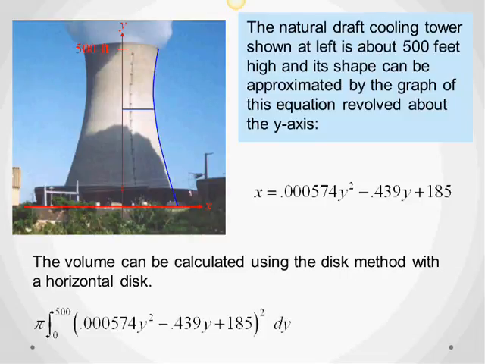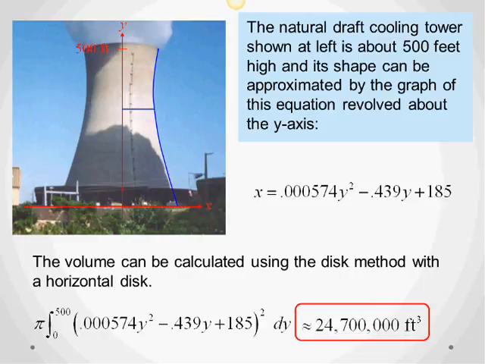And so I'm going to integrate from 0 to 500 because that's how tall the tower is. And the radius is the value of the function, or actually, it's not a function, but the value of x at each of those y values. And if I throw that on my calculator, we get 24,700,000 cubic feet is how much it could hold.